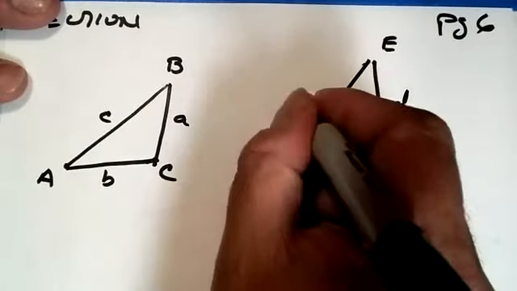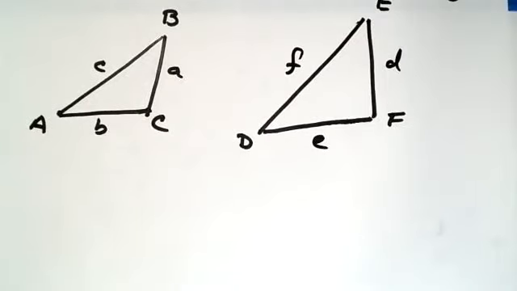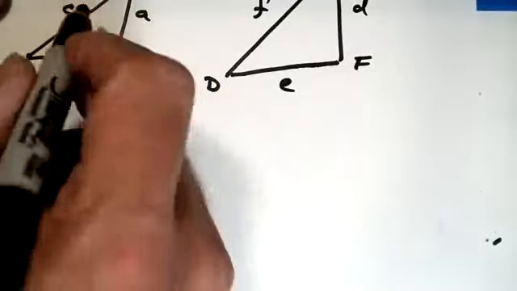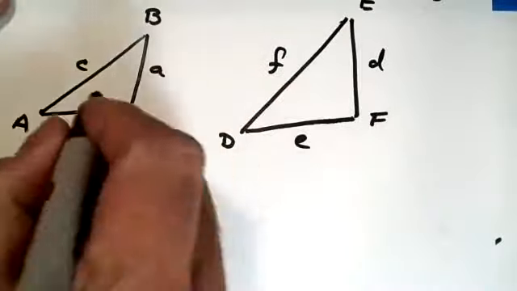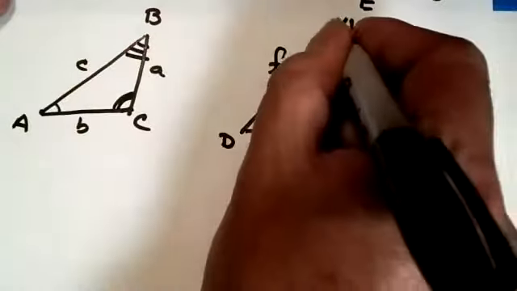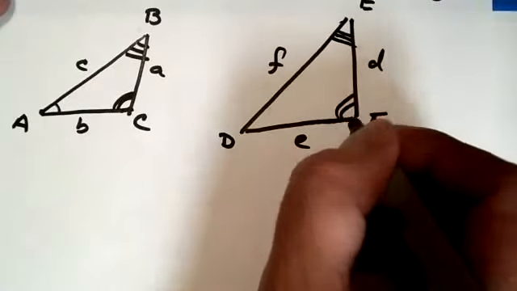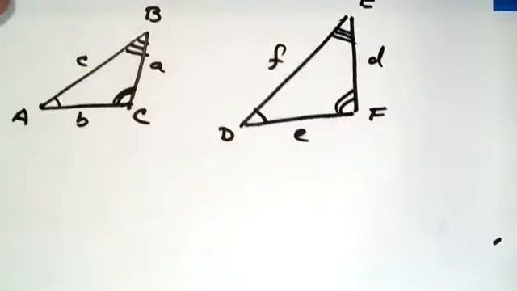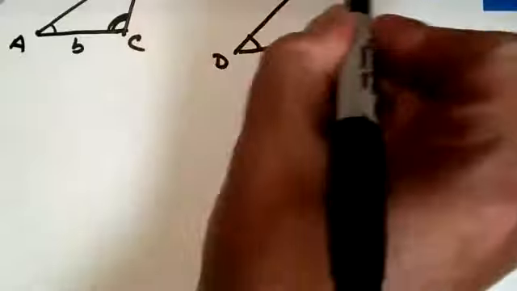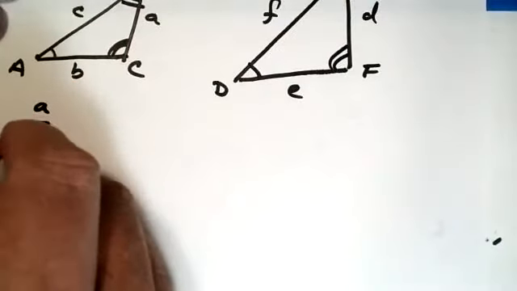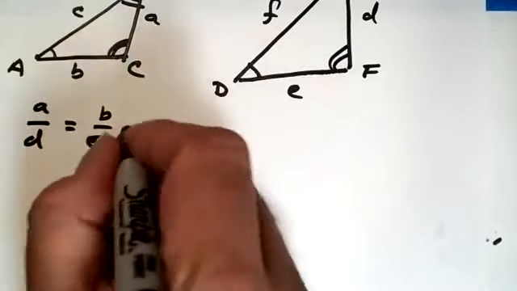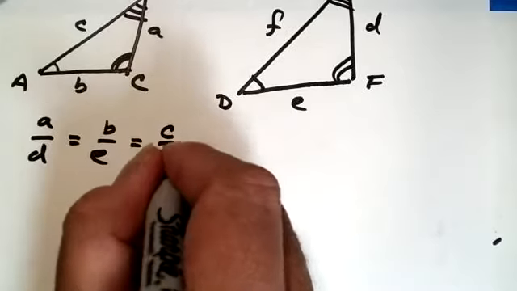d, e, and f. So what the fundamental theorem of similar triangles is telling you is that provided that these two triangles are similar, which means that all their corresponding angles are congruent, then the ratio of one side to its corresponding side, so a over d, is equal to b over e, which is equal to c over f.